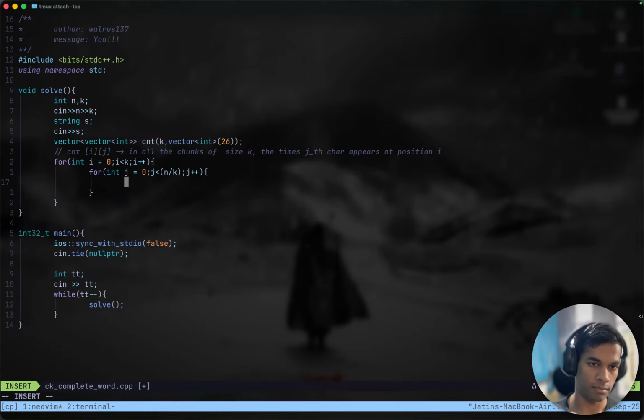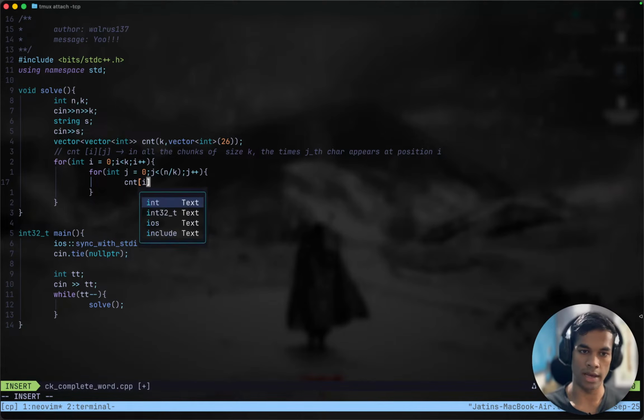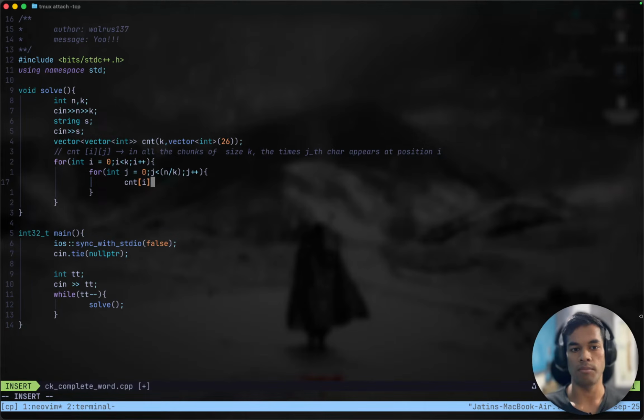For that, in count I, we add at the index of the current character, which is j times K plus I. Then we get its index by subtracting a, and plus plus.